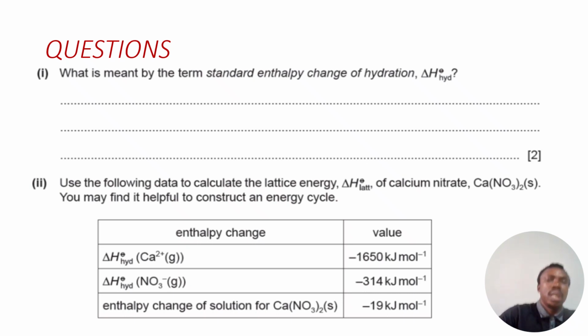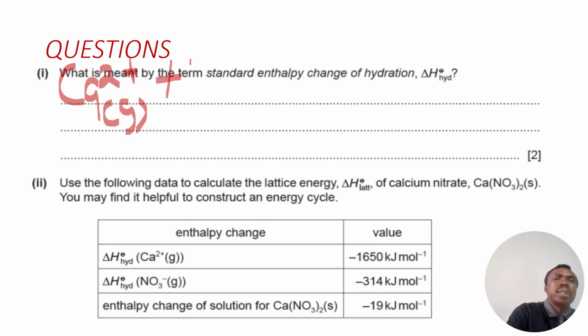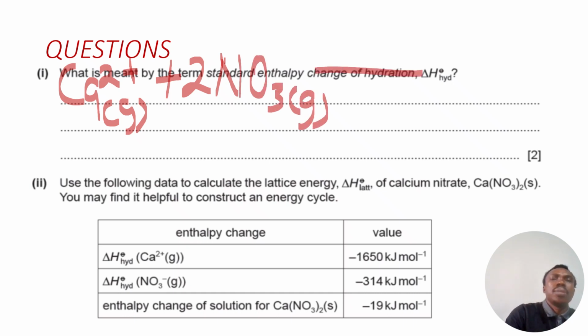So for the energy cycle, you have calcium ion, gas, plus nitrate ion, gas. So you have calcium nitrate, solid.